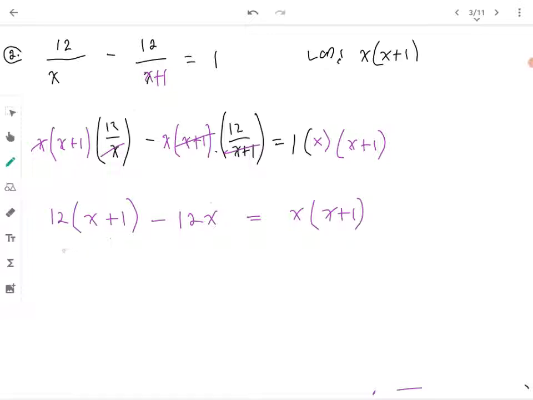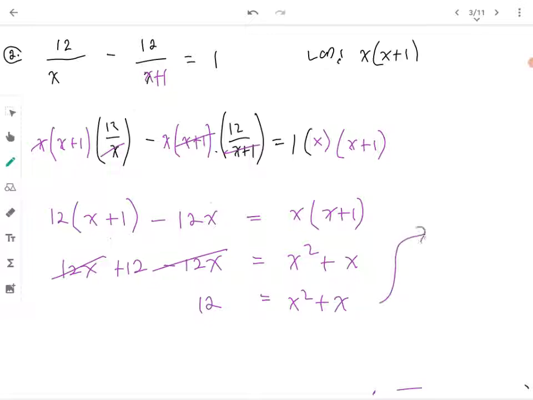So here we have 12x plus 12 minus 12x equals x squared plus x. This becomes 0. So you're left with 12 equals x squared plus x.